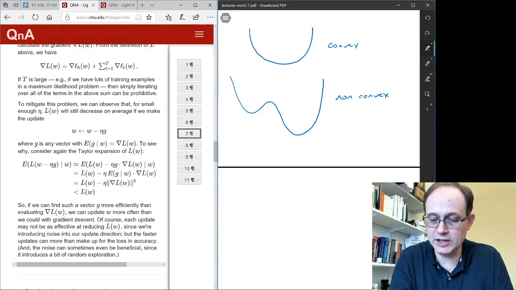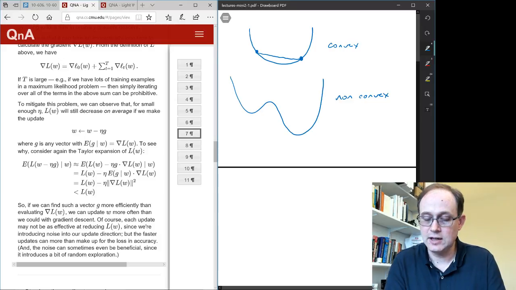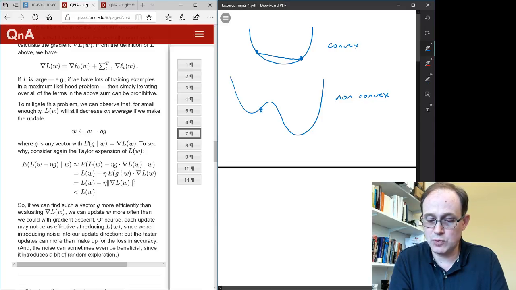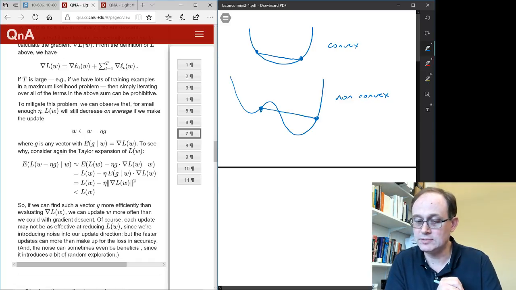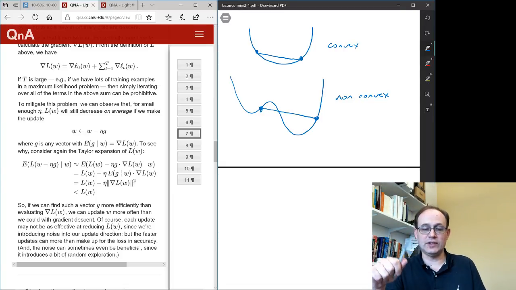The formal definition is that if you take a point on the function and another point on the function and connect them, this line lies entirely above the function. Whereas here, if you take a point on the function and another point on the function and connect them with a line, the line is sometimes above and sometimes below the function. So that's the definition of convex and non-convex.